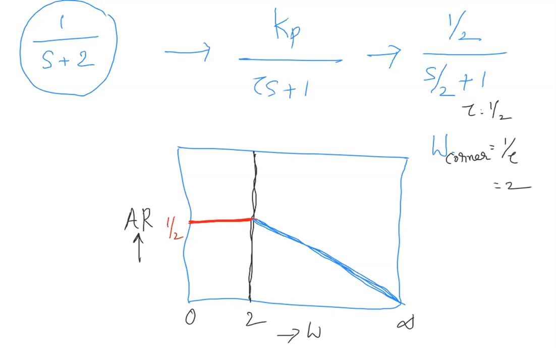So can you draw the Bode plot for, let's say, 5 by s plus 4? Can you draw the Bode plot for 5 by s plus 4?